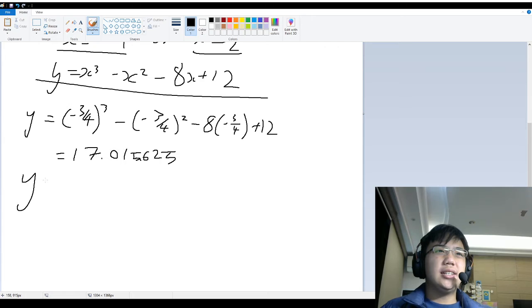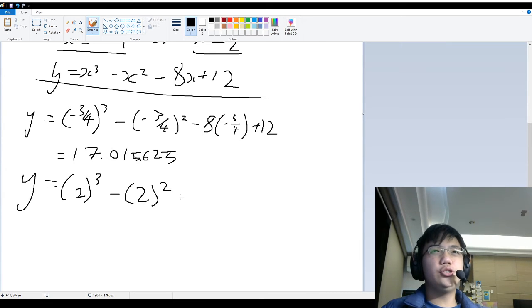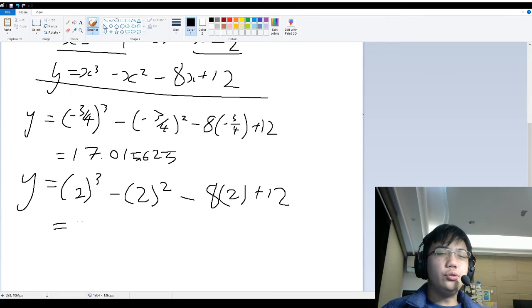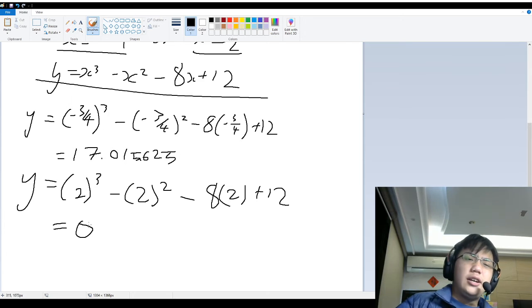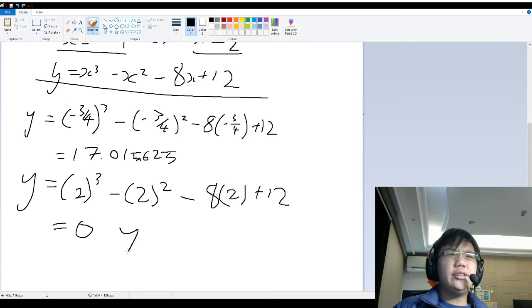So now we must substitute the other value, x equals 2. So 2 cubed minus 2 squared minus 8 times 2 plus 12, which equals 0. And if y equals 0, that is another way to say the x-axis.